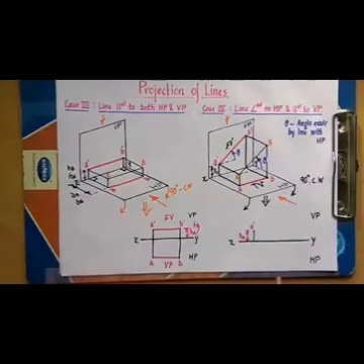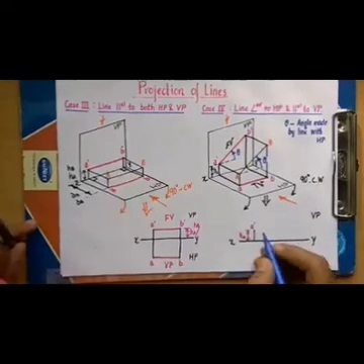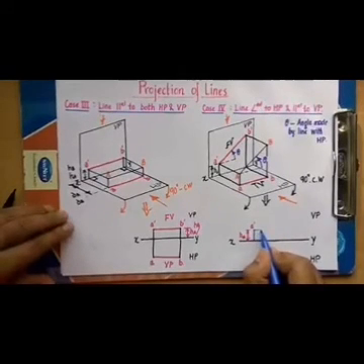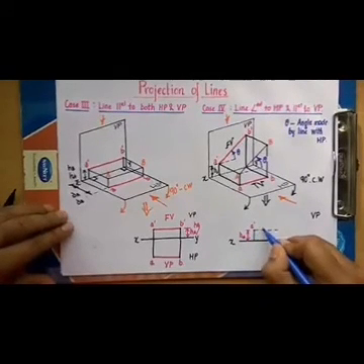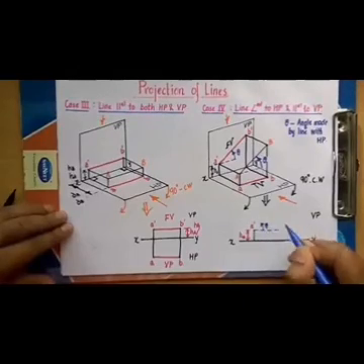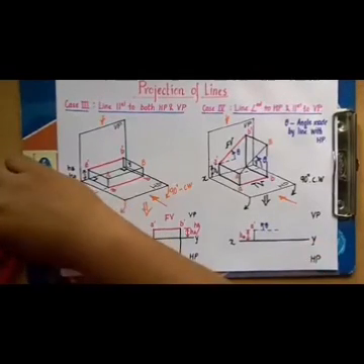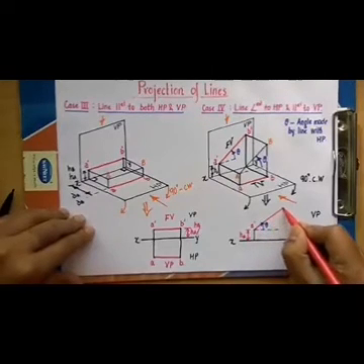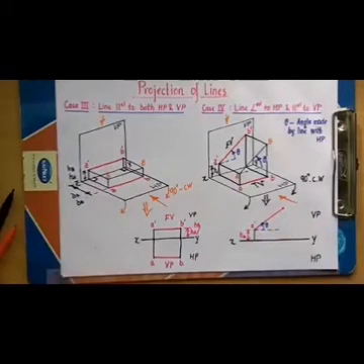Now the next thing to do is to locate this angle. This line is making a certain angle with the horizontal plane, and this angle is theta. So I'm going to take an angle theta and draw this true length. The distance could be anything.